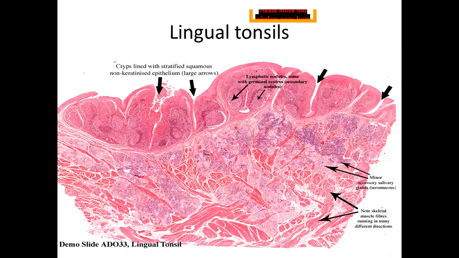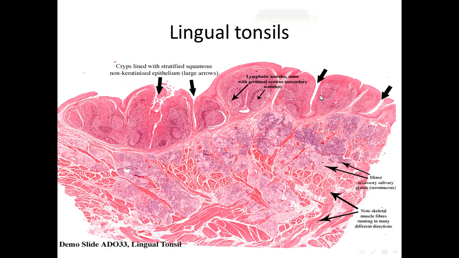Type 2, lingual tonsils. The lingual tonsils are located at the dorsal surface of the posterior third of the tongue. The superficial aspect is covered by stratified squamous non-keratinized epithelium, like the palatine tonsils, also having crypts invaginating into the parenchyma of the tonsil.